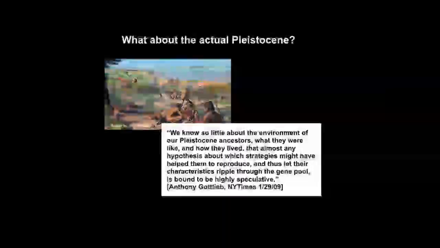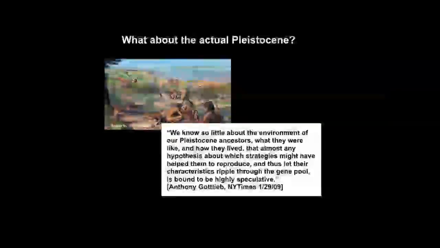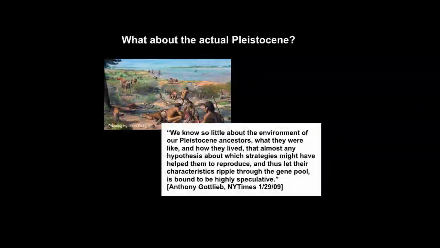But as it turns out, and this is an article written by Anthony Gottlieb, with which I completely identify, we know so little about the environment of our Pleistocene ancestors, what they were like, where they lived, that just about any hypothesis about which strategies might have enabled them to reproduce and let their characteristics ripple through the gene pool is bound to be highly speculative.